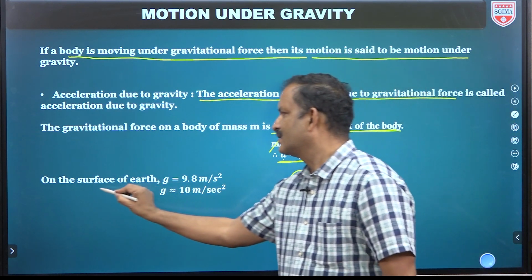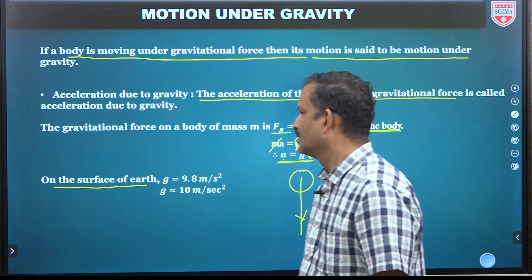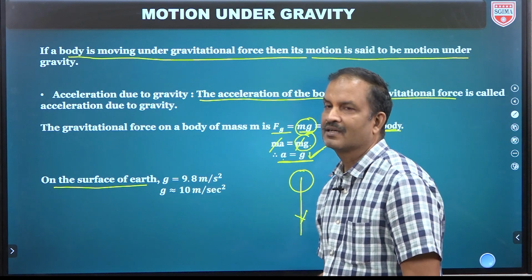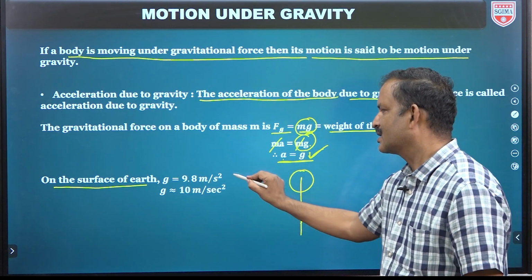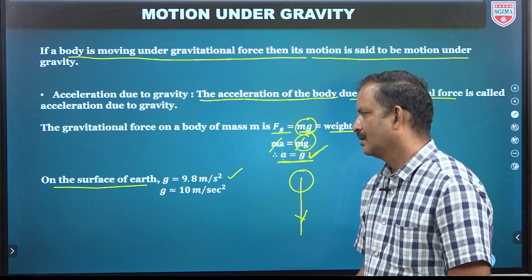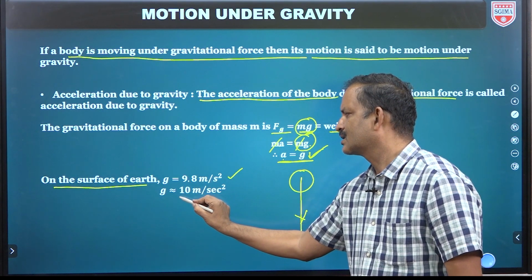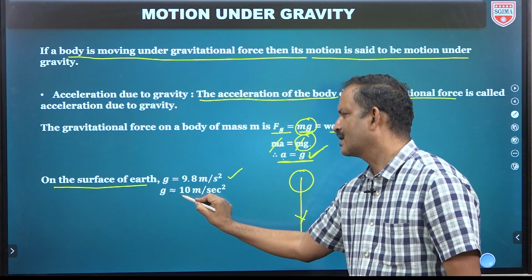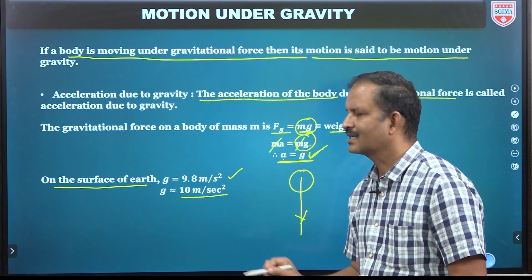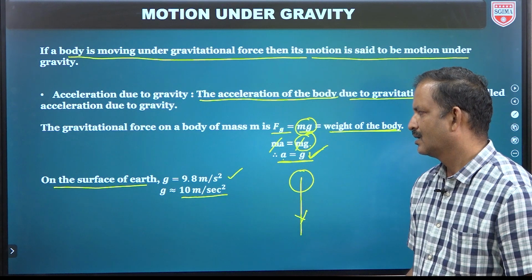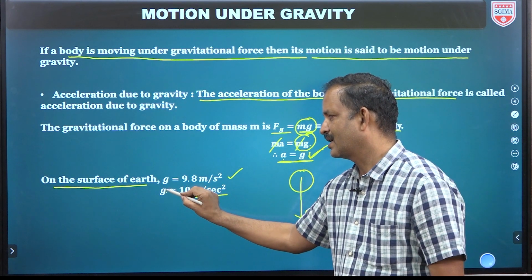On the surface of the earth, the average value of g is 9.8 meters per second square. For simple calculations, we are taking the g value as 10 meters per second square. But this g value depends on place.